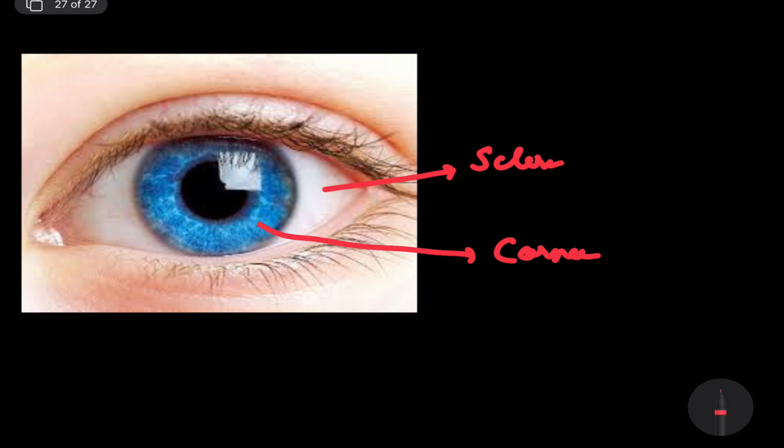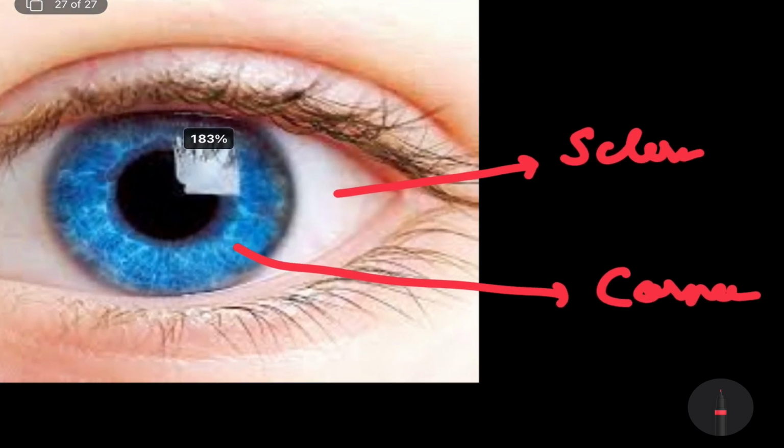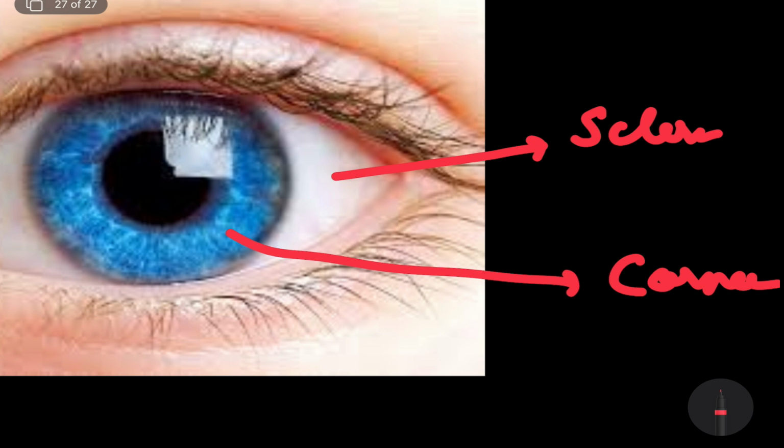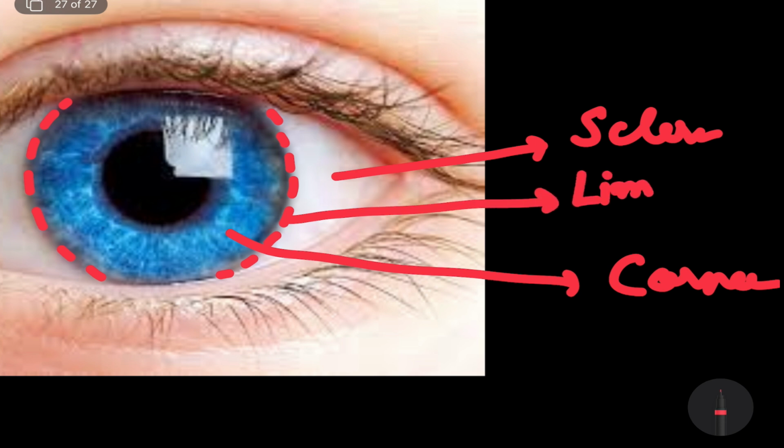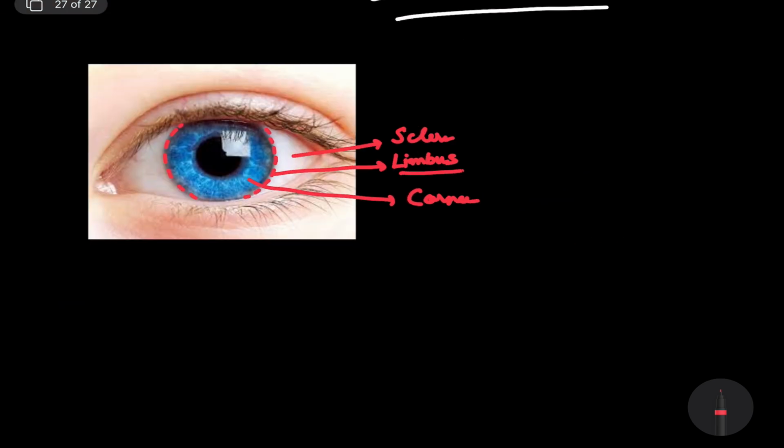Now, the junction of sclera and cornea, which is this over here, part that I'm dotting, this entire part, this is the limbus. As simple as that. Done. So basically that is limbus.